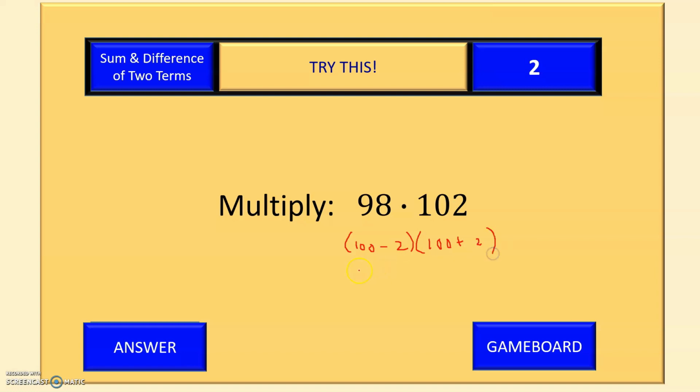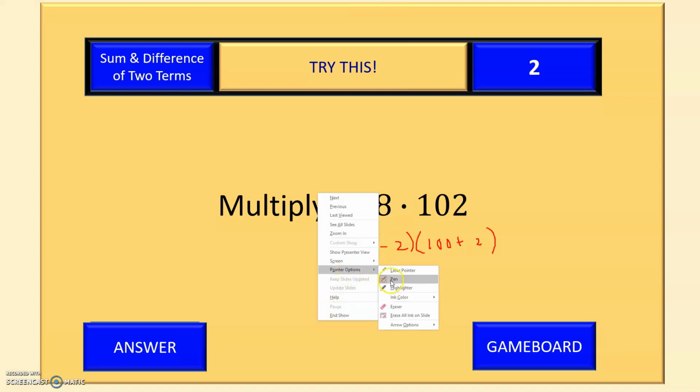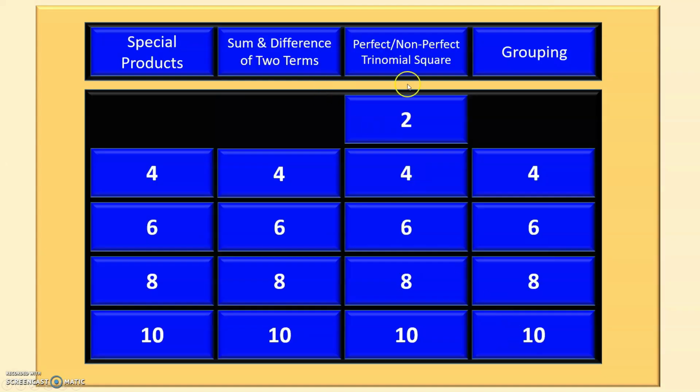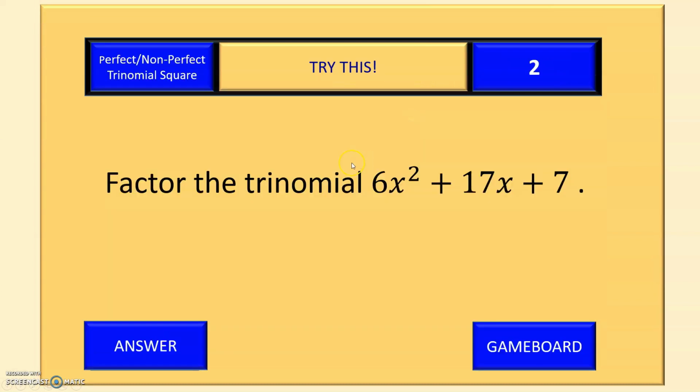And then that's it. You will notice, this is a product of the sum and difference of 2 terms. So, therefore, that is 100 times 100 or 10 to the 4th minus 4. So, that is 9,996.